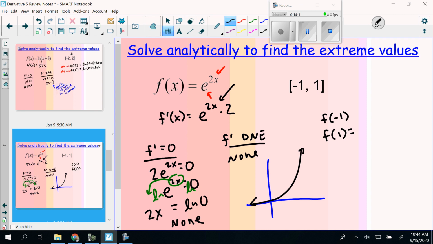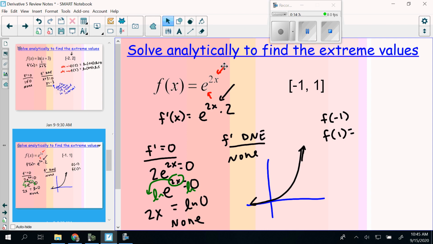No, it's just continuously growing, so it doesn't have a max or min. And then it exists, there's no corners, vertical parts, even though as we keep growing here, it's going to look to go vertical but never actually get vertical. And it's continuous, so we don't have any of those critical points there.